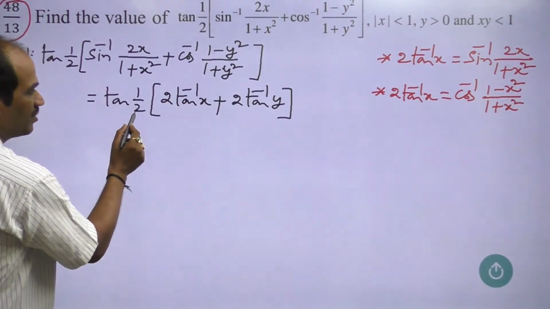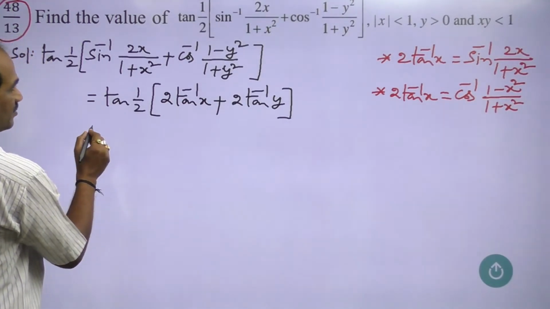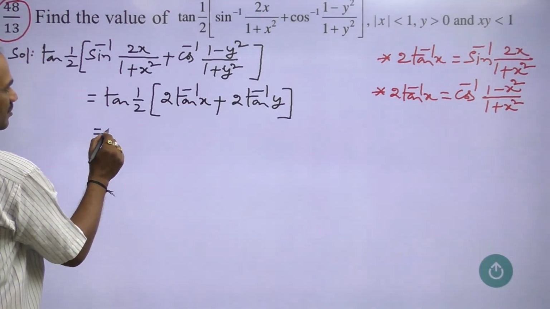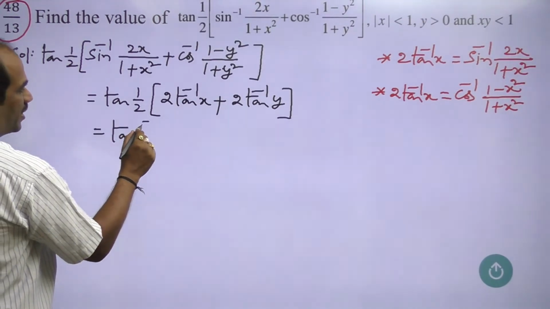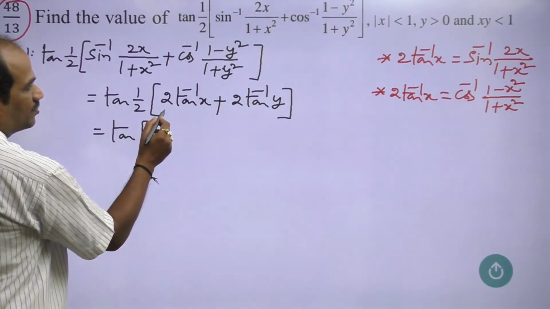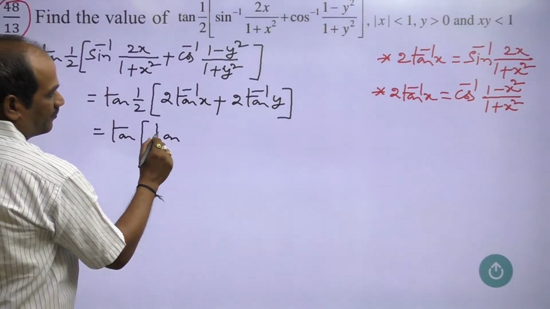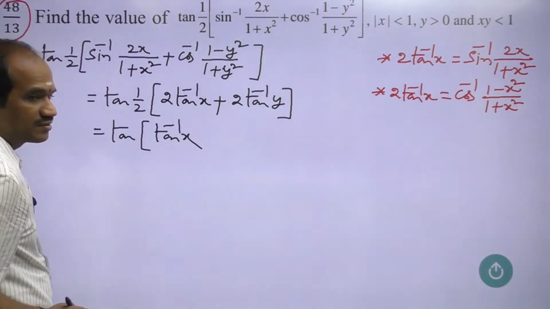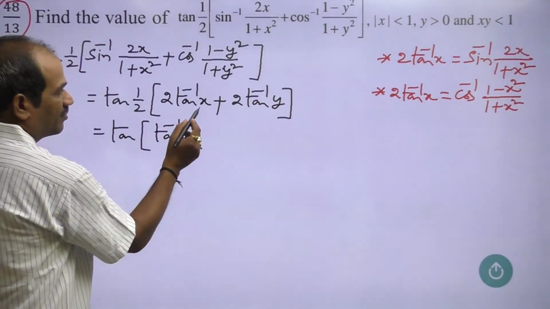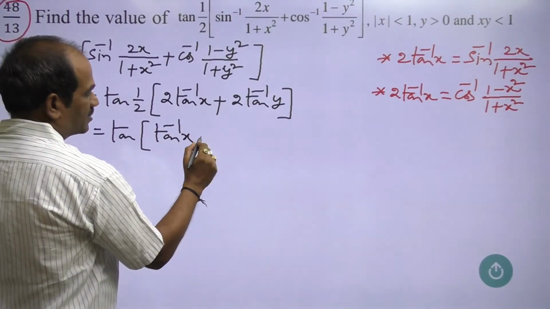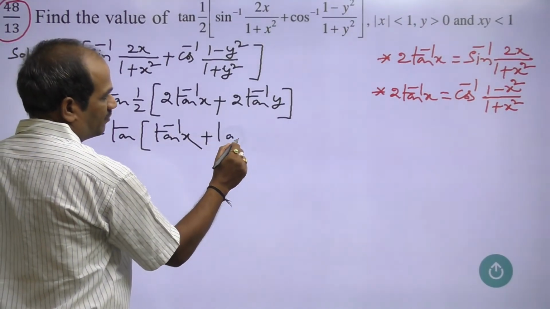See here, 1 by 2 multiplied, so that is equal to tan of, 1 by 2 multiplied, the 2 gets cancelled, the remaining value is tan inverse x. Next, 1 by 2 into 2 gets cancelled, the remaining value is tan inverse of y.